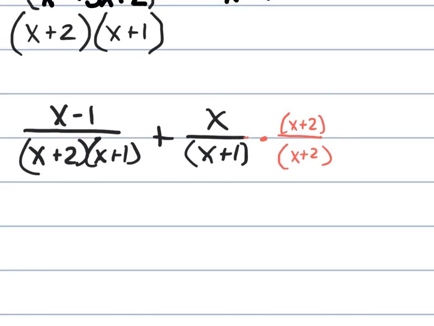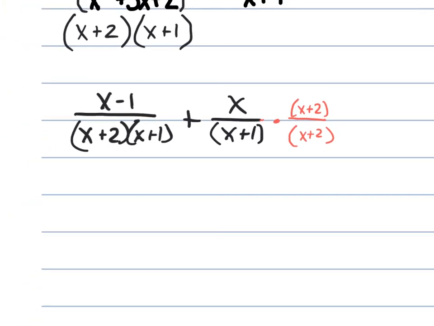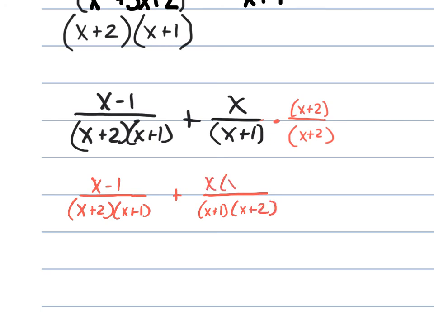So what we're looking at here is we've got x minus 1 over x plus 2, x plus 1. Well, now this denominator here on the right is going to be x plus 1 times x plus 2. And the top will be x times x plus 2. Are we okay with what just happened there?